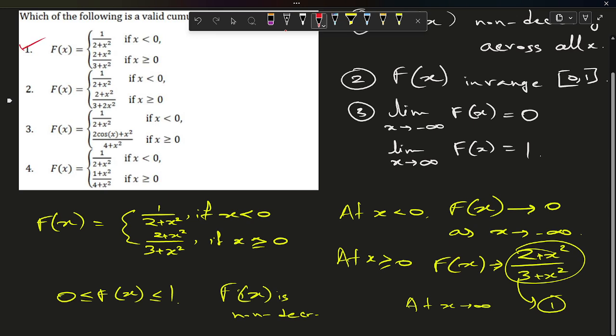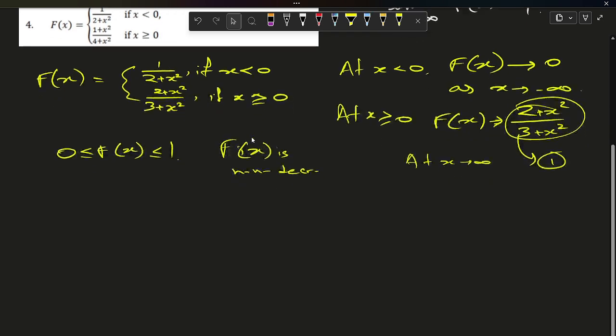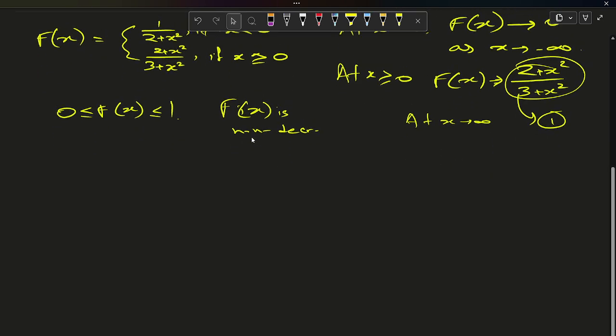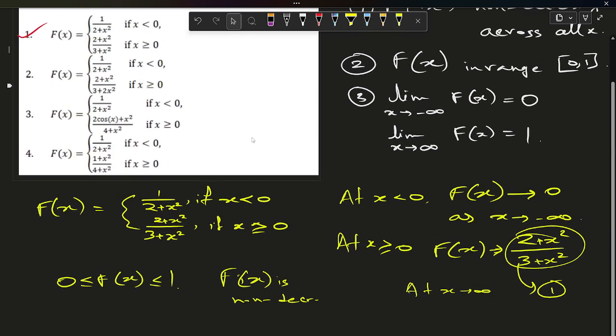Now we have to think about option 2. We only have to check one thing, because this part will go to 0 and we have to check only this part.